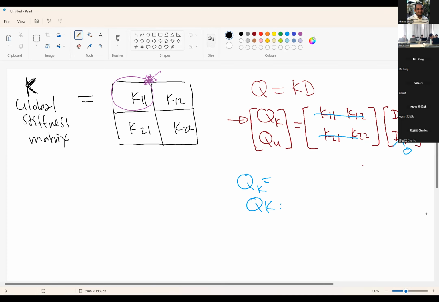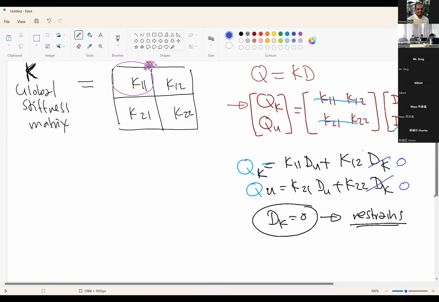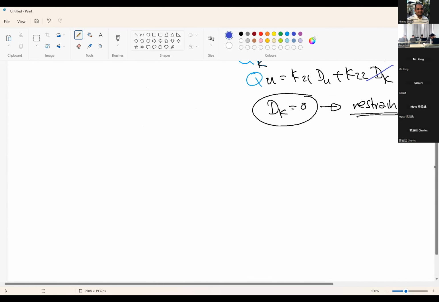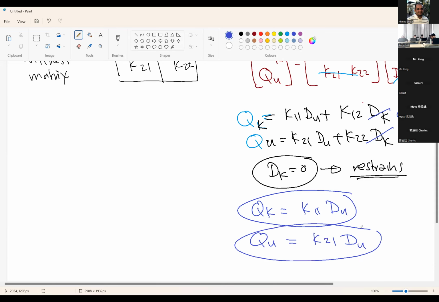Dk is equal to 0 because this is a restraint from the support, and the support prevents the movement. So we can replace Dk with 0. This equation becomes Qk equal to K11 Du, and Qu equal to K21 Du.